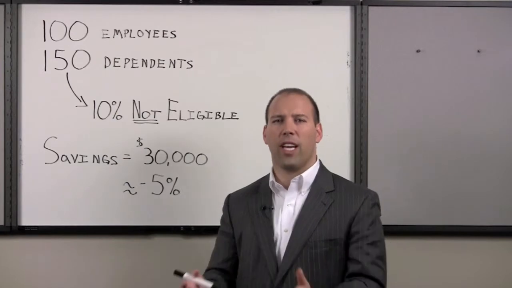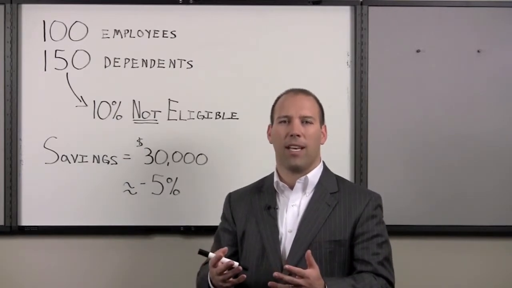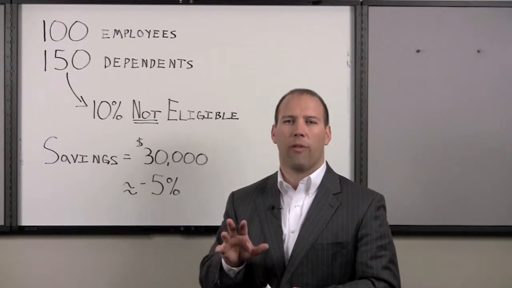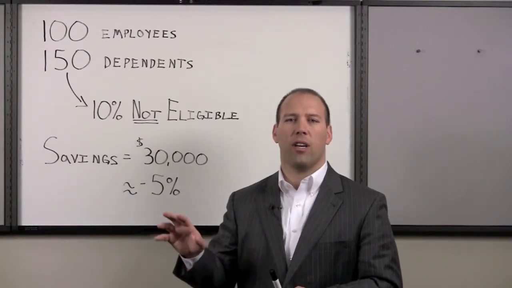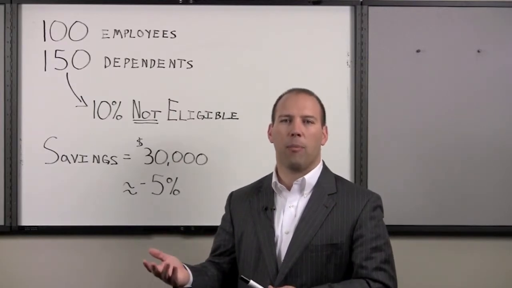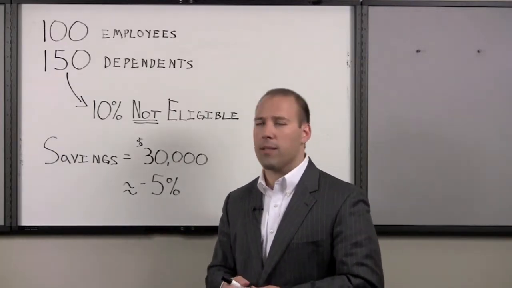So this has created a huge influx over time, and frankly, most employers don't do a very good job of validating whether the dependents coming on their plan are actually eligible in the first place. You add all those things together and you end up with a lot of people who are ineligible to be there in the first place.